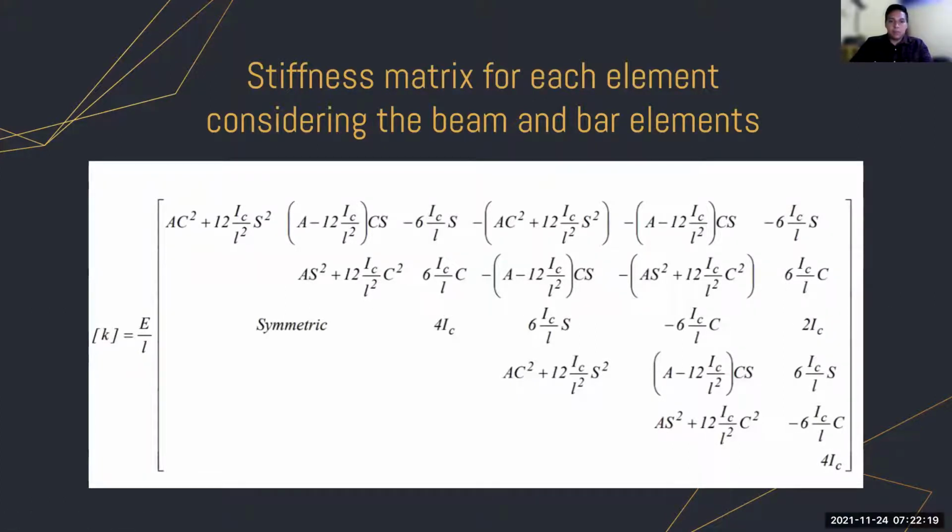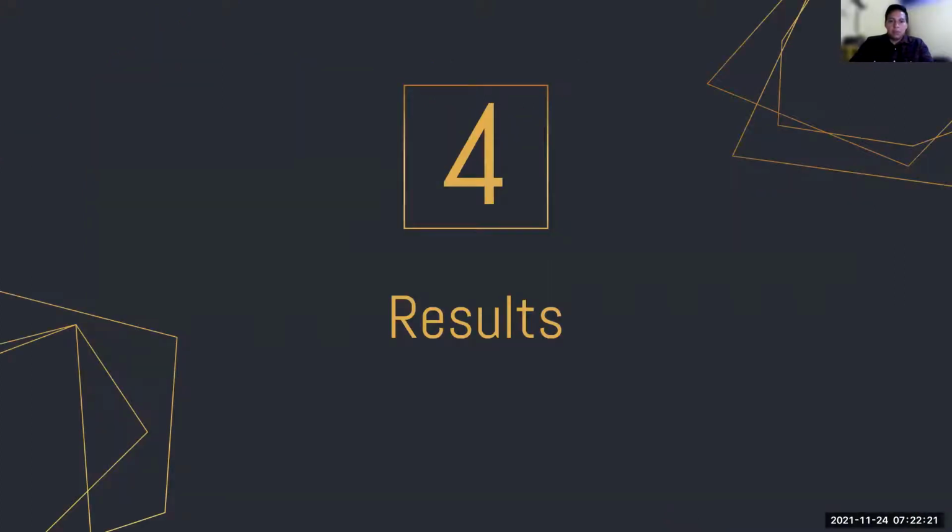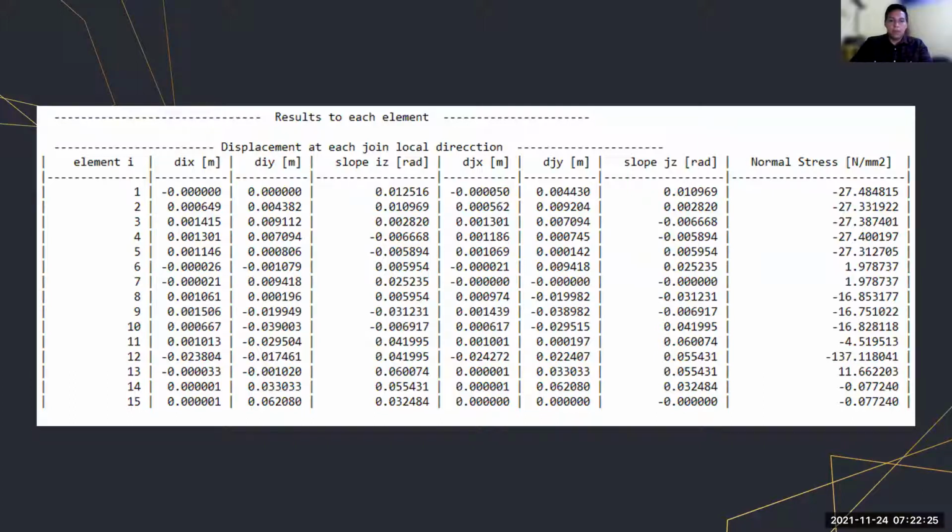Then for the result, we have the TXT file where we have for each element the displacement in node, joint 1, joint 2, and the normal stress in the local reference system.